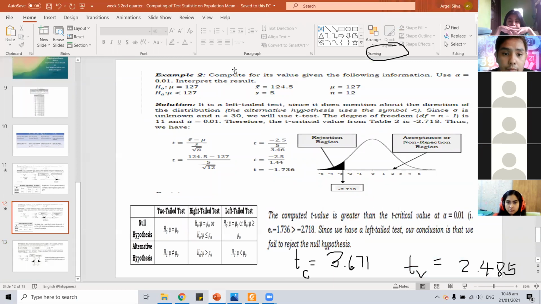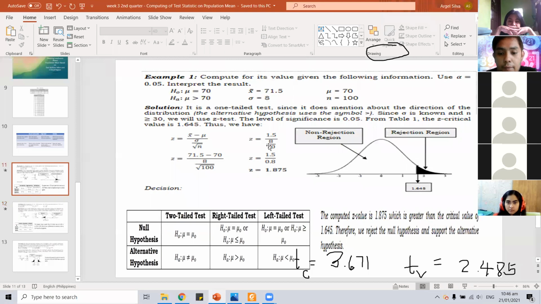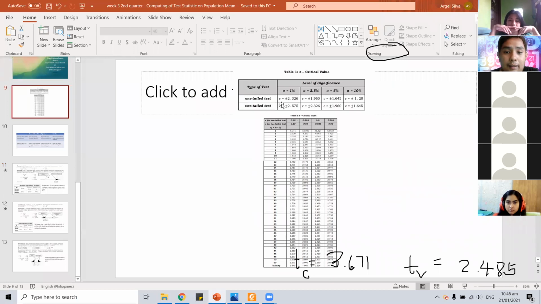Sir, paano nga po kunin yung critical value? Ang critical value po natin ay nasa table po natin. So, you have to look whether it's one-tailed or two-tailed, Z-test or T-test, at ano ang kanyang alpha or confidence level: 1%, 2.5%, 5%, at 10%.